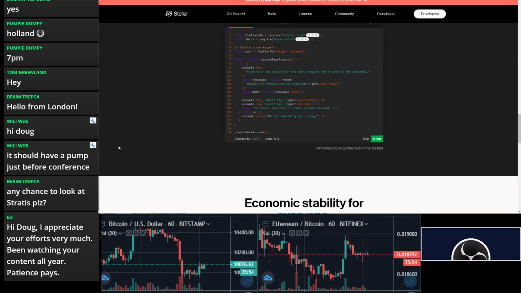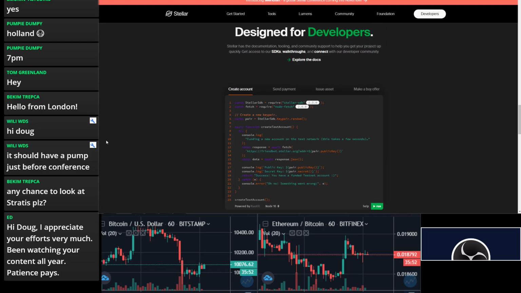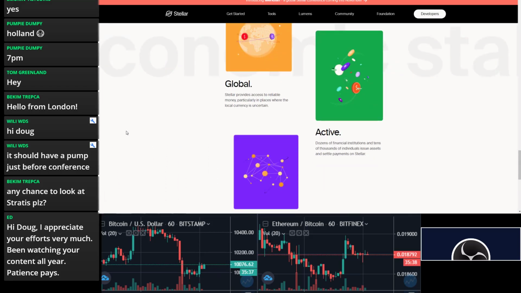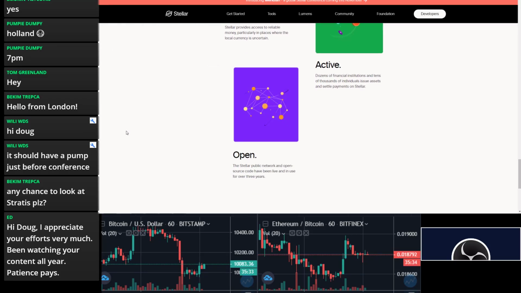So what I want to do is develop something that uses this system for transferring payments and take those micro payments for every useful transaction that goes on through it. Issue assets and settle payments on the Stellar network.